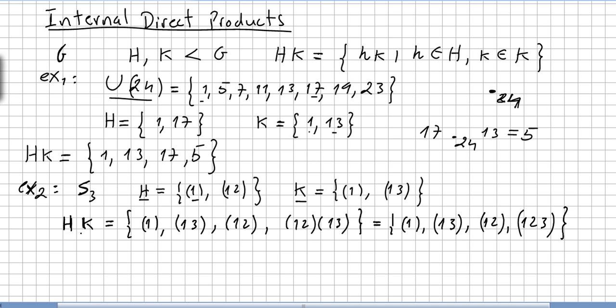So the internal product HK will be this cycle times this cycle, we will get this one. This cycle times this cycle, we'll get this one. This one times this one, we'll get this one. And this times this one, we'll get this one. Now I rewrite that, since (1 2)(1 3) is (1 2 3), I rewrite that and I get this. Okay. So this is a second example of an internal direct product.